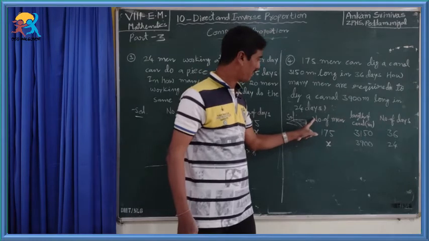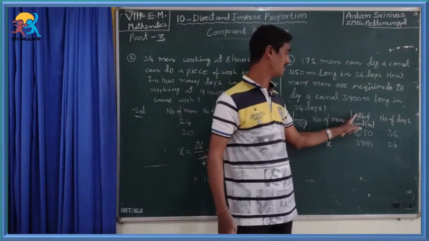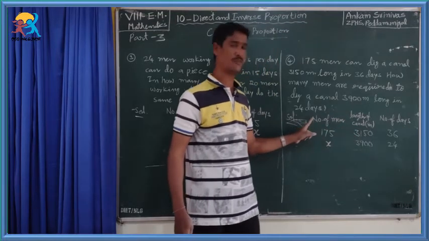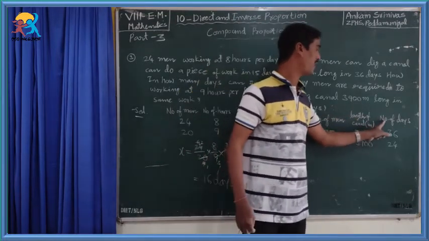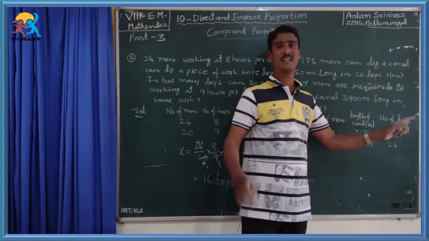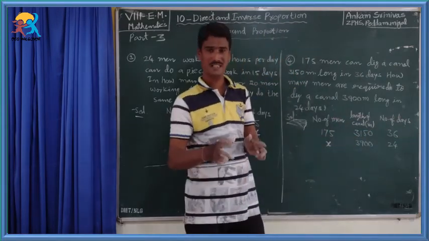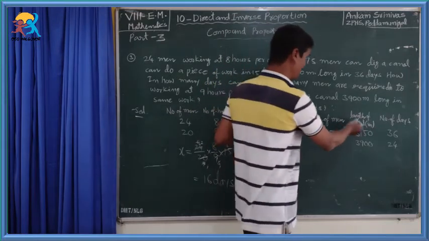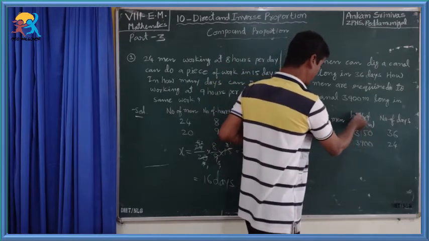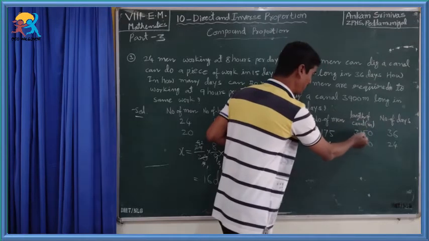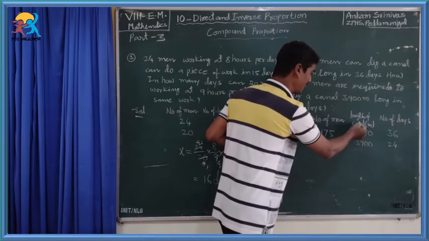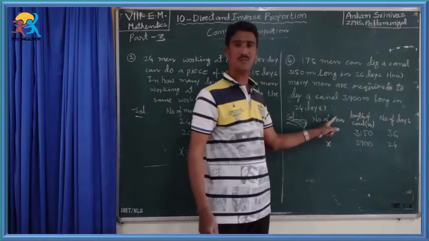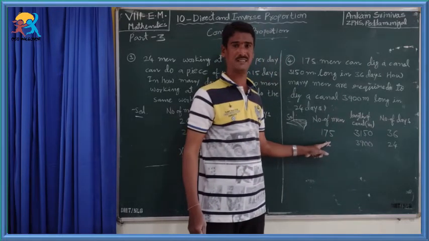Now, compare the number of men with the length of the canal. When the length of the canal is compared with the number of men, the number of days will be constant. So if you dig the canal more meters, we require more workers.